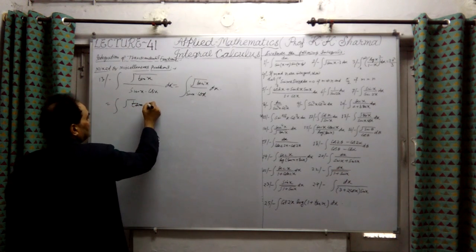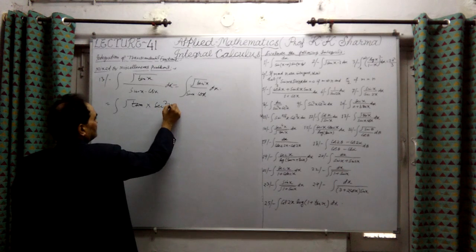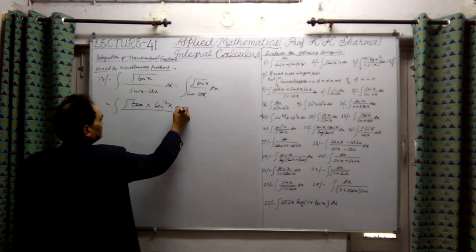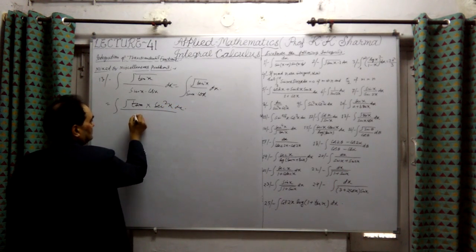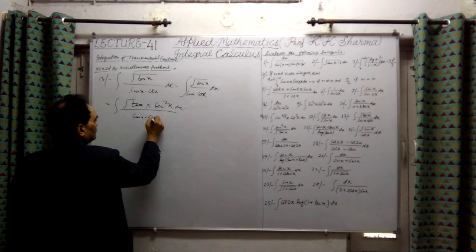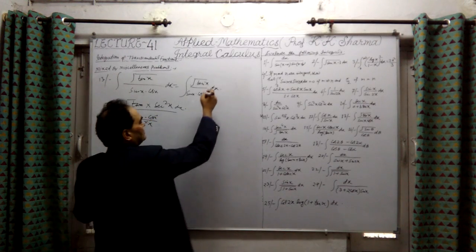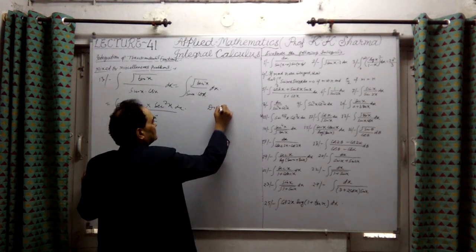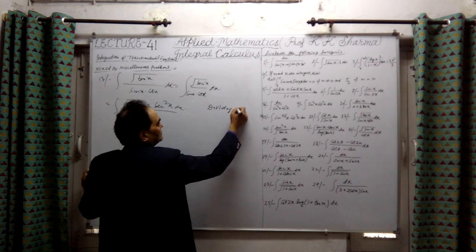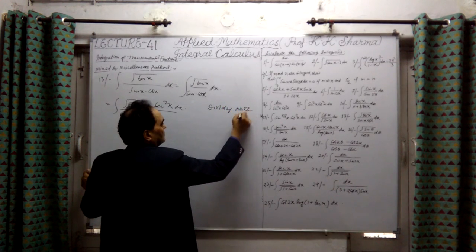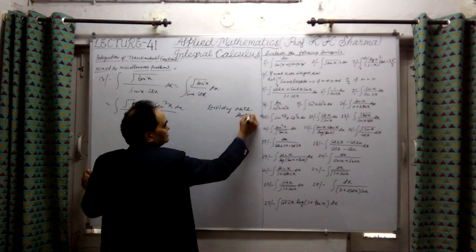Okay, let me divide this: sec square x by cos square x are divided, and if I divide this sin x into cos x by cos square x, and this one cos x cancels out, only sin x, dividing numerator and denominator without any other change by cos square x.